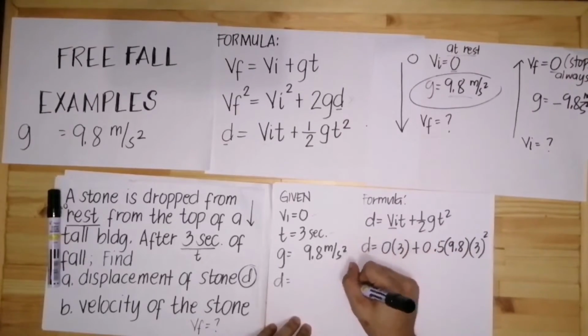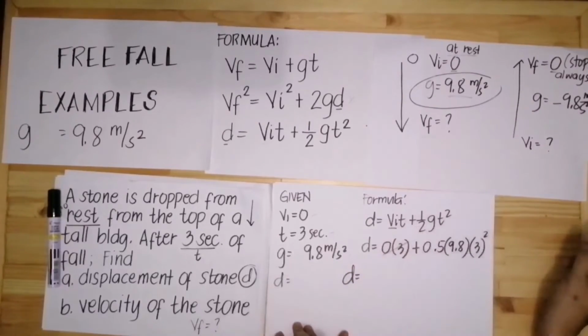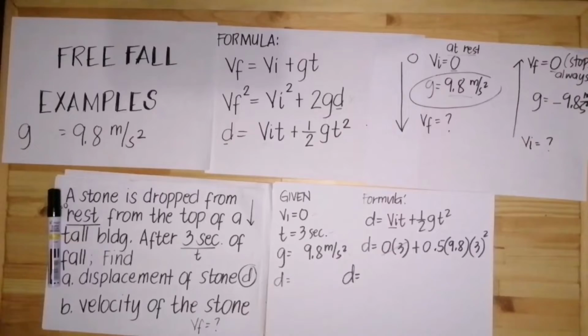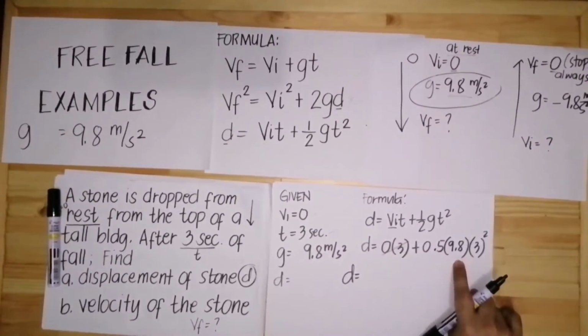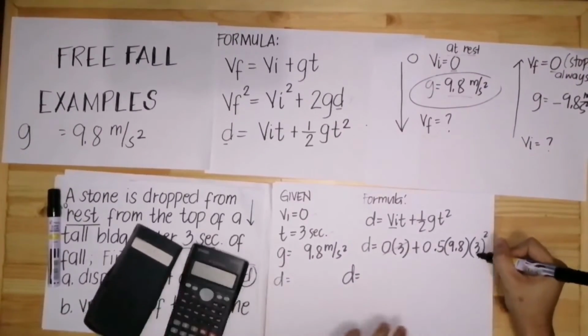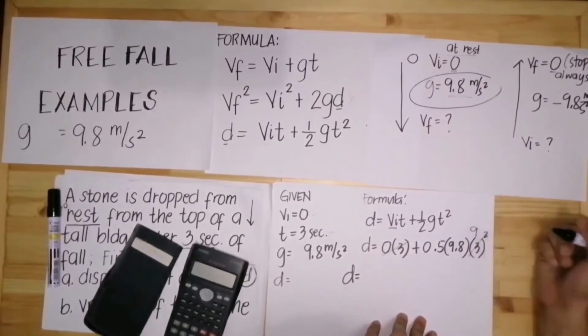Then i-press natin sa calculator to. 0 times 3, cancel na yan. Kasi any number that is multiplied to 0 would become 0. Next, we also have 0.5 times 9.8 times 3 raised to 2. We all know that 3 raised to 2 is equal to 3 times 3 or that is equal to 9.